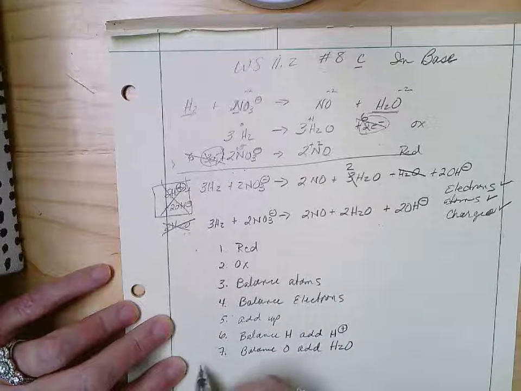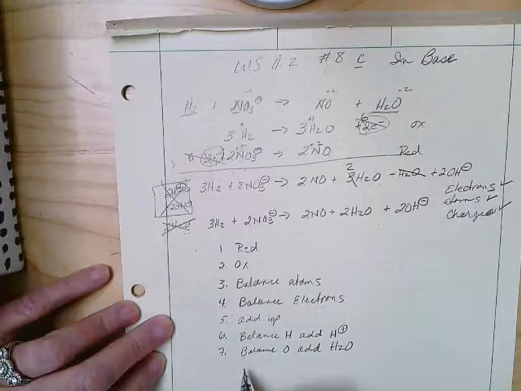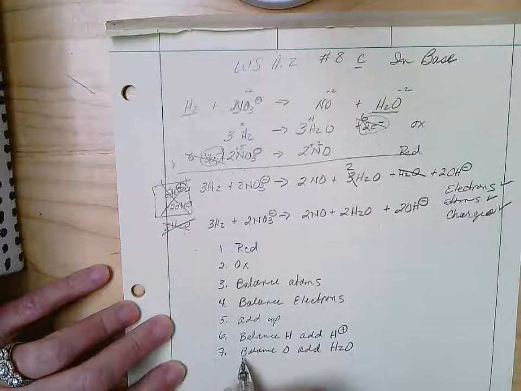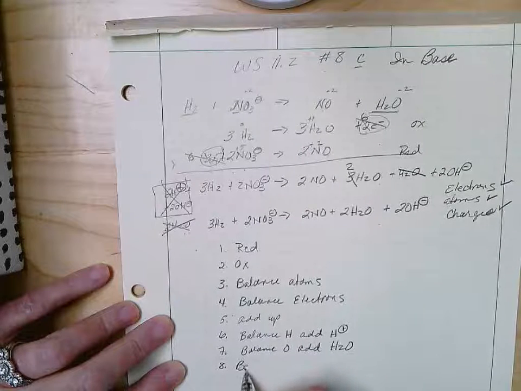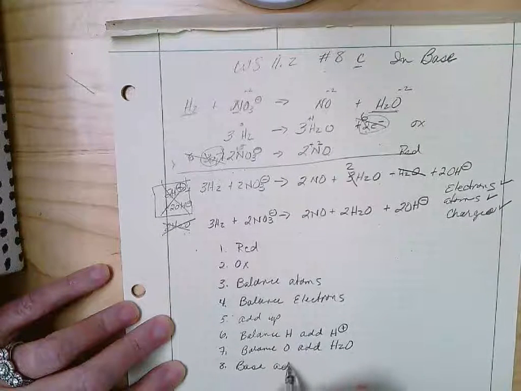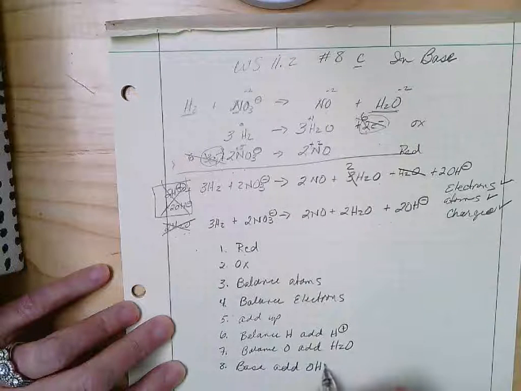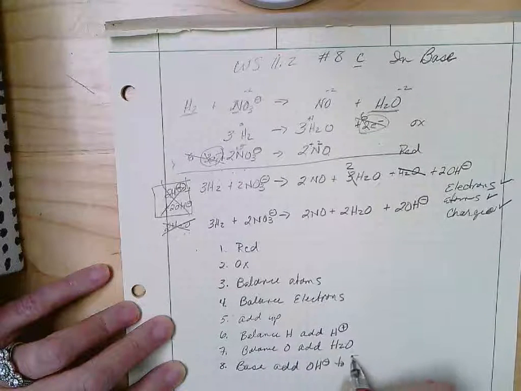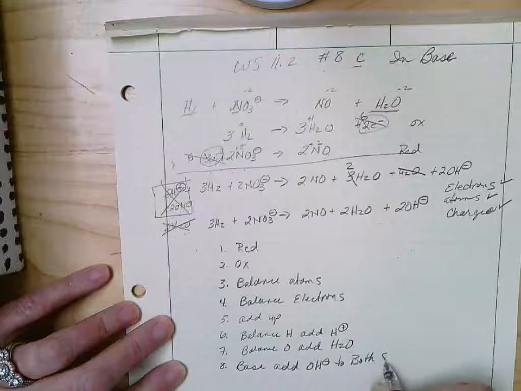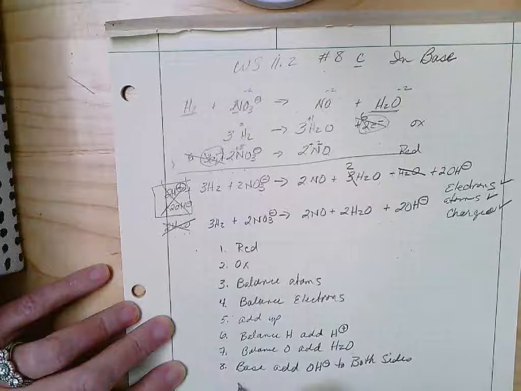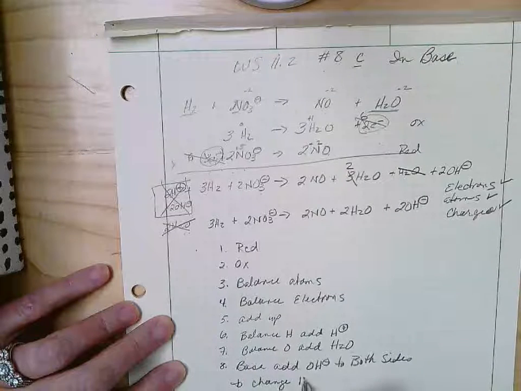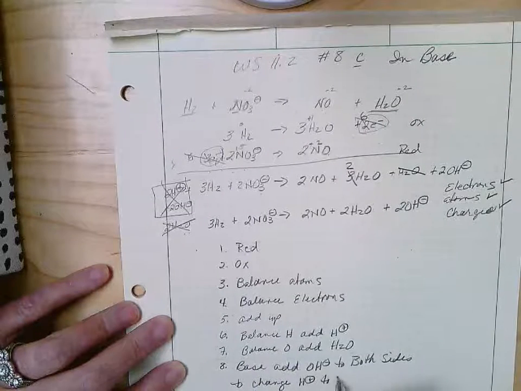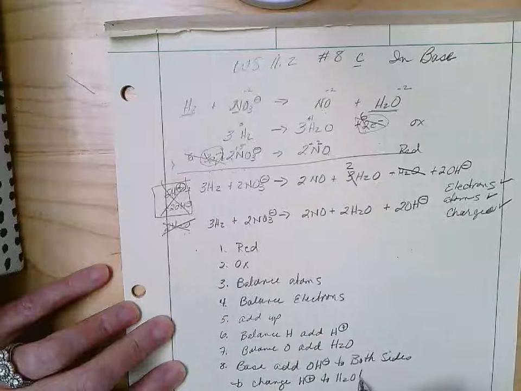And if you're in acid, you're done here. And you can do these 2 in either order. And then lastly, if you're in base, you add OH to both sides to change H plus to H2O.